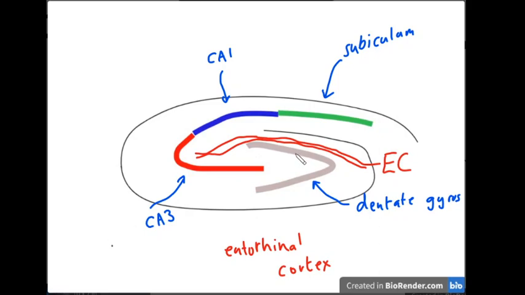Now, in the dentate gyrus, you have neurons which receive inputs from this perforant pathway. So this input from the entorhinal cortex is called the perforant pathway.